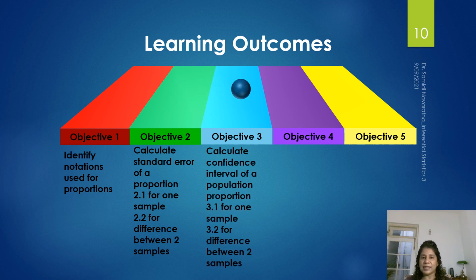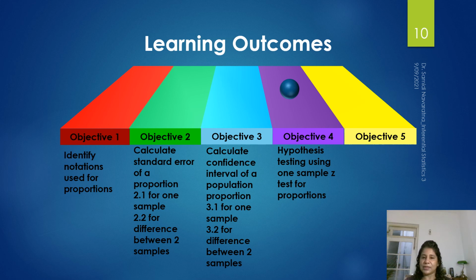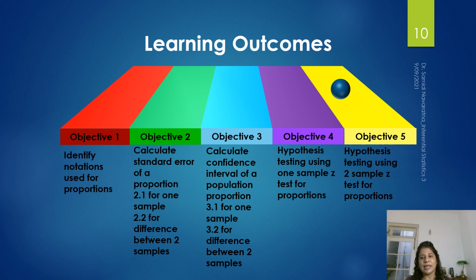Calculate confidence interval of a population proportion for one sample and for difference between two samples. Carry out hypothesis testing using one sample z test for proportions. Then finally, carry out hypothesis testing using two sample z test for proportions.